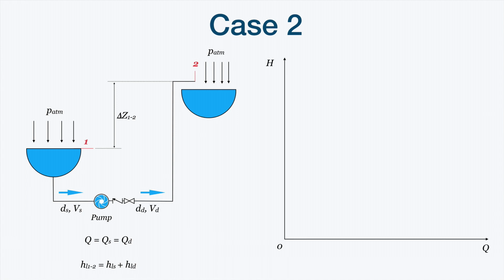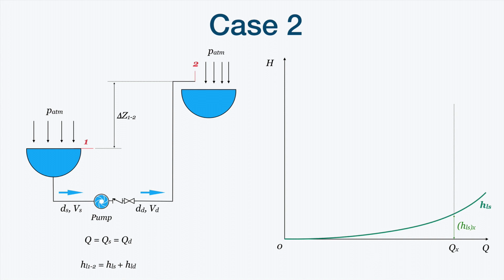Let's draw the curve. As usual, the system is in series, so we should select a fixed value of flow rate, Qx, and draw the curve for the head losses of the suction pipe and the corresponding head for this flow rate.